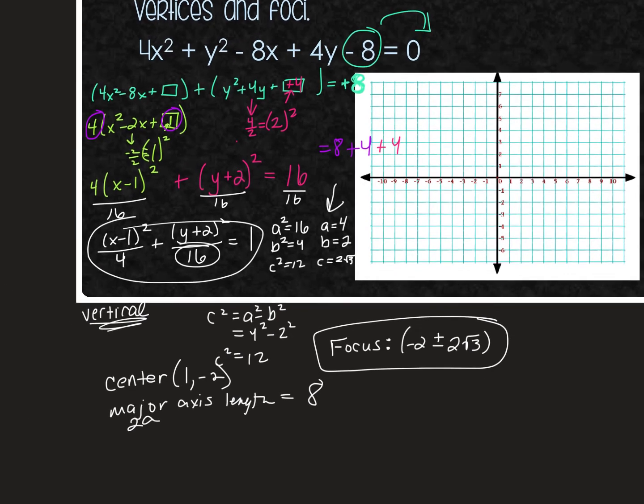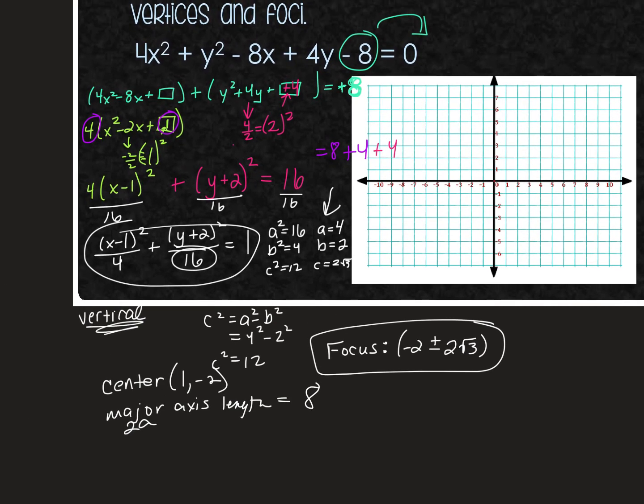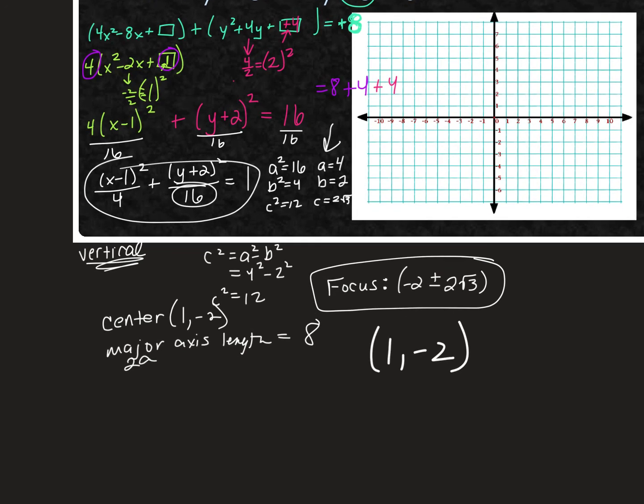Remember, if you look back at your cheat sheet, c is the distance between the focus and the center, right? So if my center is at 1, -2, you told me this was a vertical ellipse, right? So this would be my vertical axis.